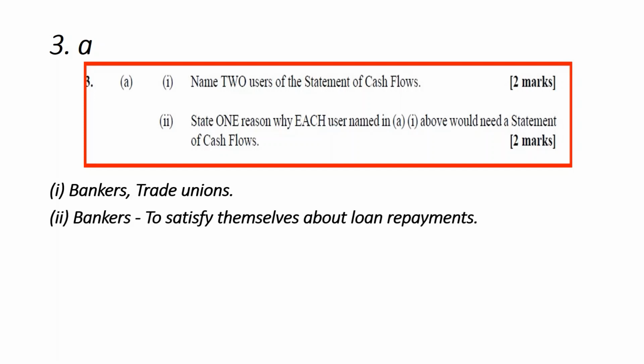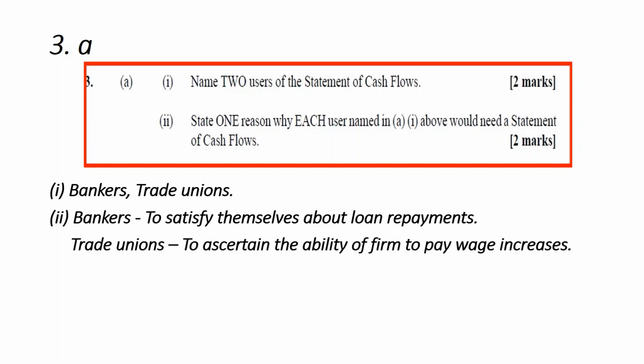Bankers need to satisfy themselves about loan repayments from the business, things like bank overdrafts and so on, but to extend them to the business and things like that. And then we have the trade unions who want to ascertain the ability of the firm to pay wage increase.